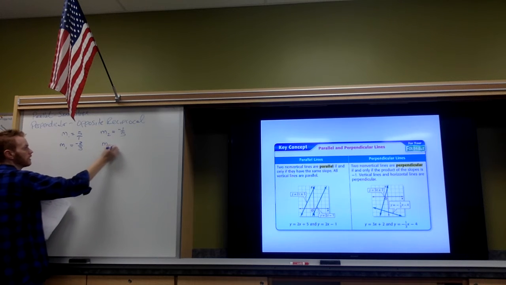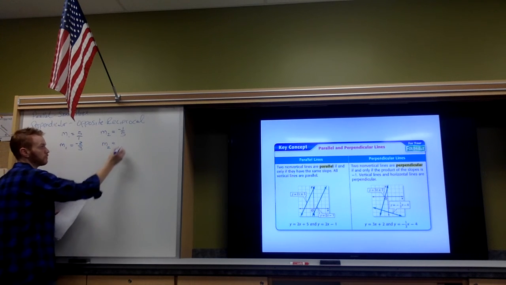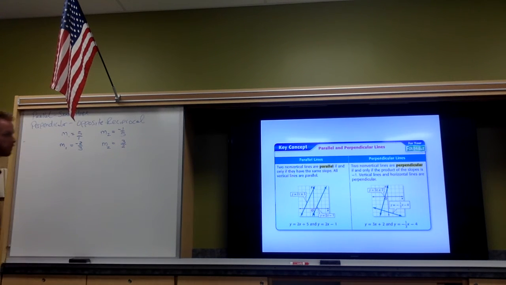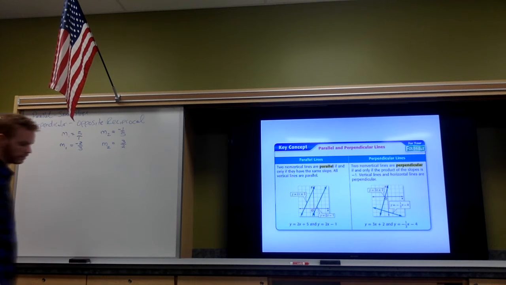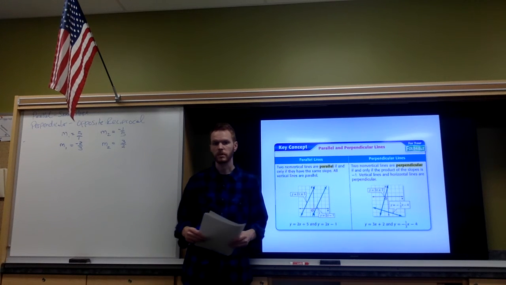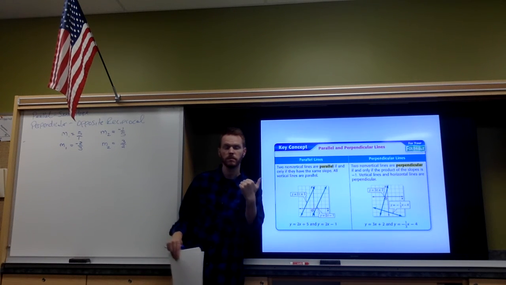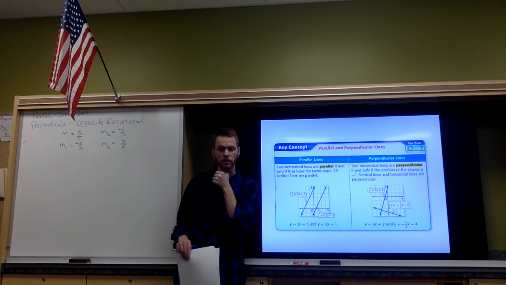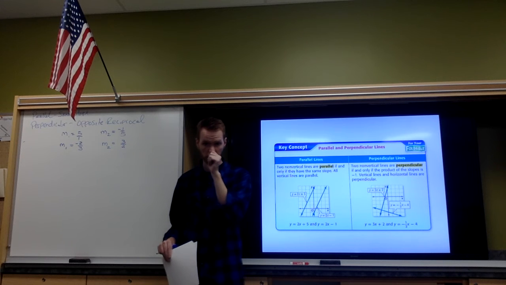The slope of the line that's perpendicular would be a positive 3/2. If I multiply them, I do get the -1. Okay? So parallel is easy, nothing's changing, but perpendicular, you're going to have to change some things. The sign of the slope, and you're also going to have to change the value itself, the reciprocal of it. Okay? So that's what perpendicular is.